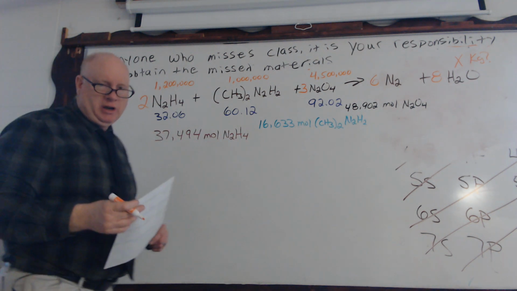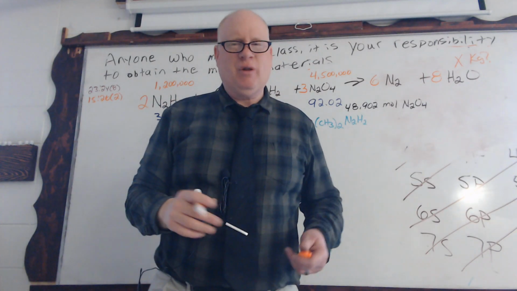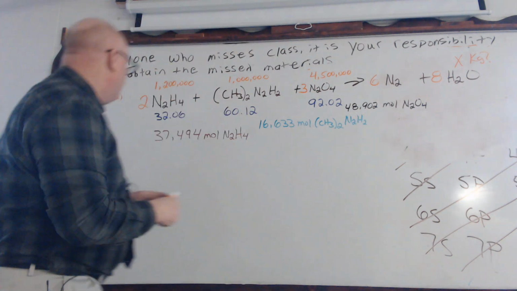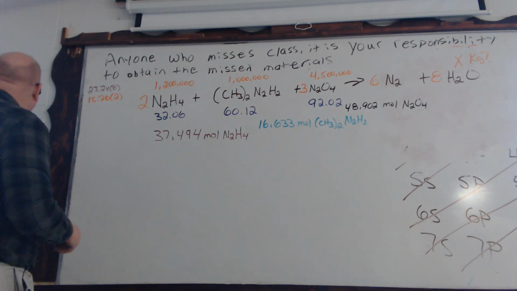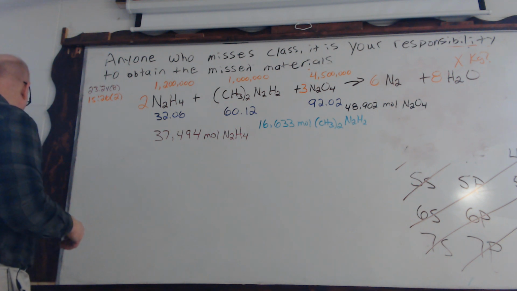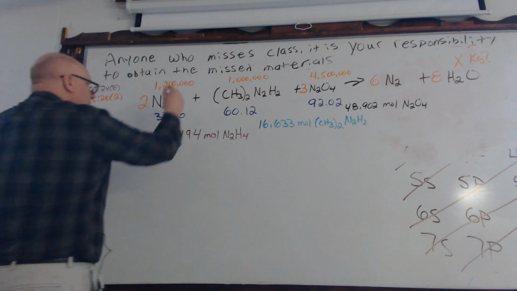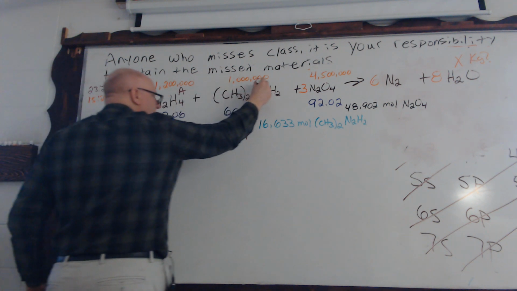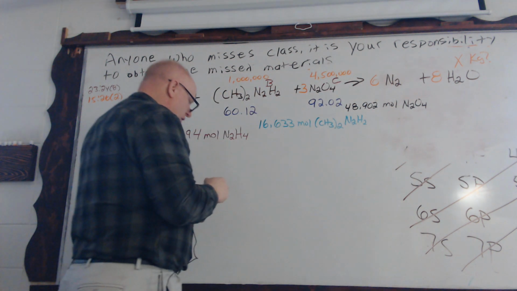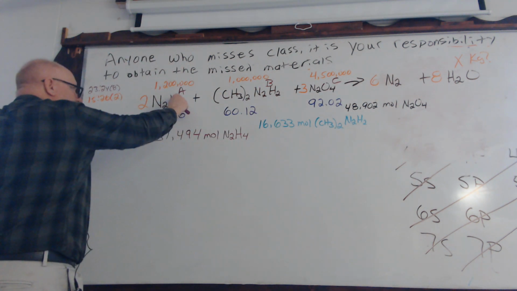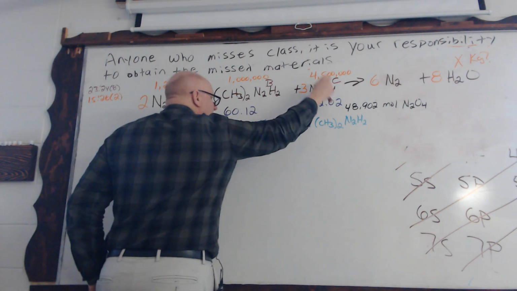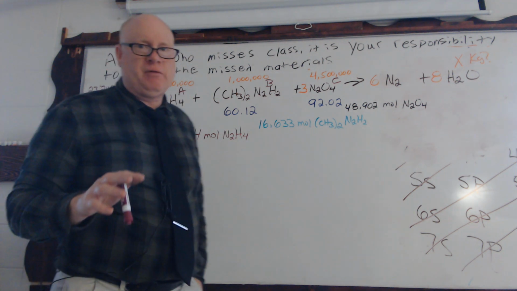Then this is where you start playing your battleship, if you want to call it that. What I think perhaps makes the most sense, and I perhaps didn't point it out this way, is let's call this substance A, this one substance B, and this one substance C. So what you're going to do is convert moles of A into moles of B and moles of C, and that will tell you how much of that substance is required.